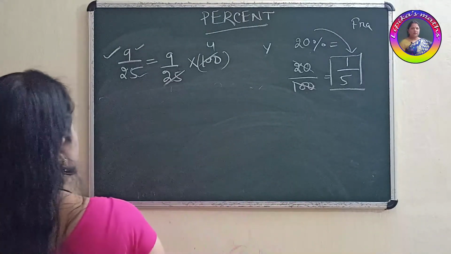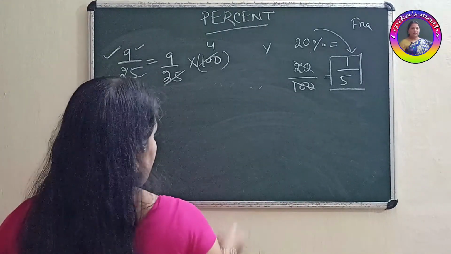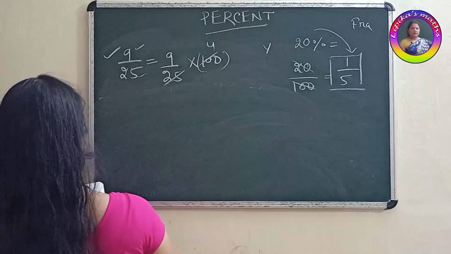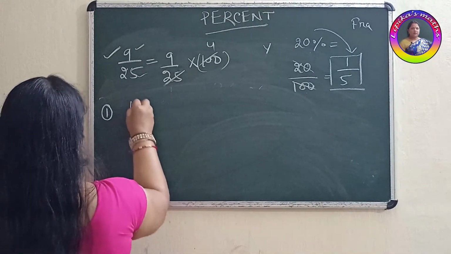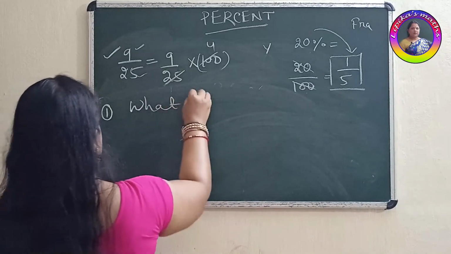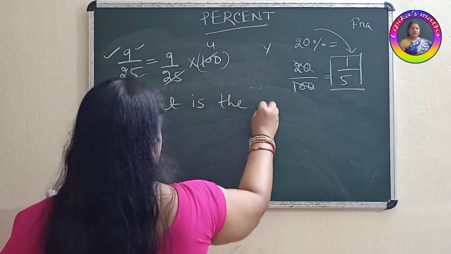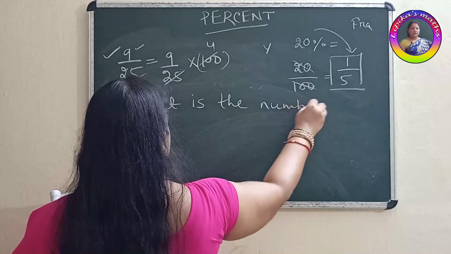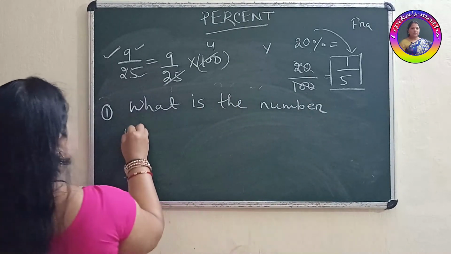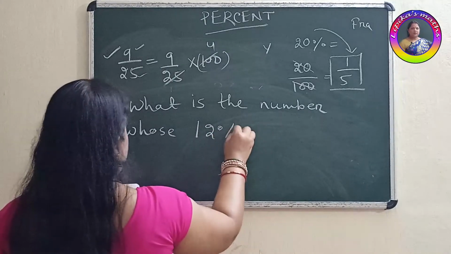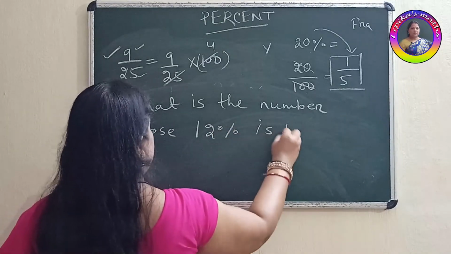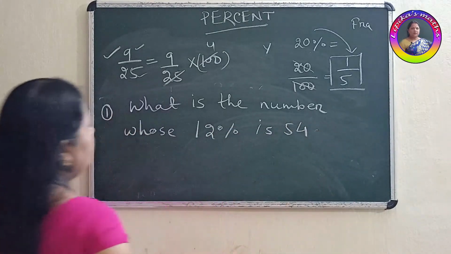Then the next thing we will discuss is how to find the number from a percentage. One question, let me explain. Suppose one question is: what is the number whose 12% is 54?